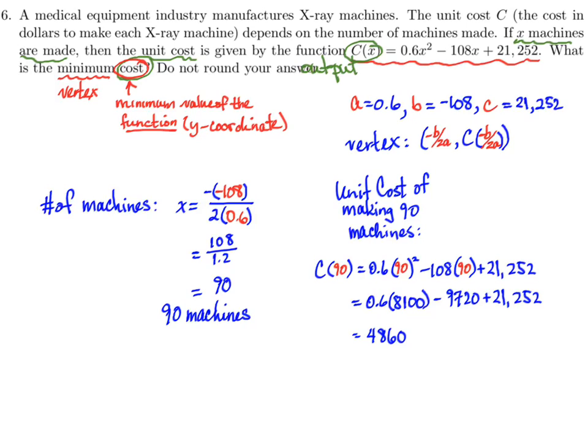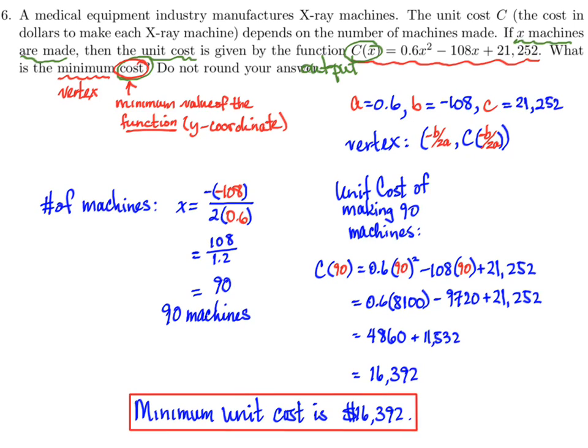So that's 4,860 plus 11,532, and I add those together, and I get 16,392. Now, this is unit cost, so I'm going to answer the question. The minimum unit cost is $16,392.